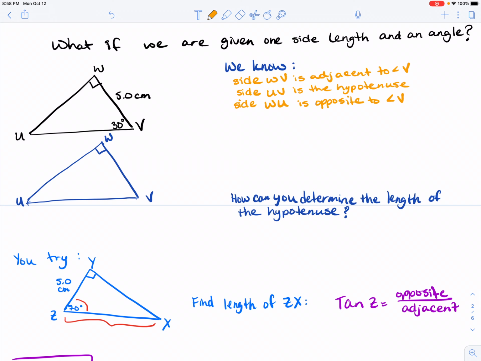What else do we know? Well, from our previous videos, we know that tan of angle V equals the opposite side length divided by the adjacent side length.